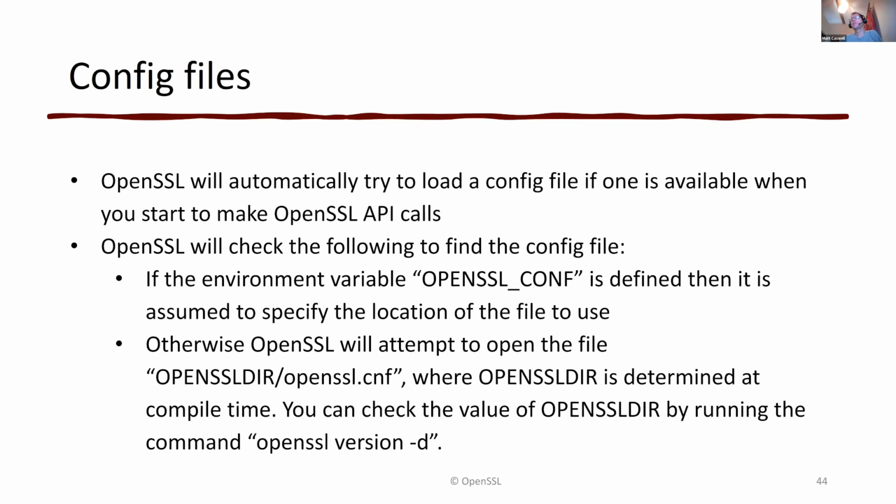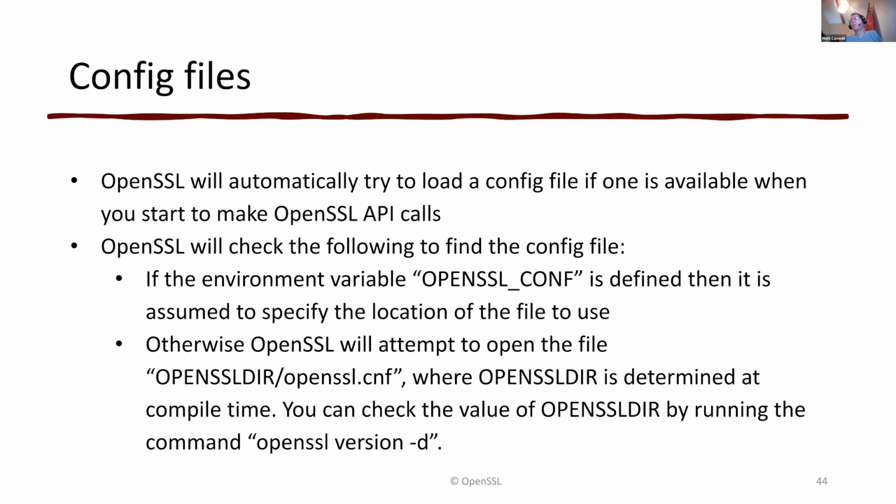And so if that exists, it will load it and it will use it. Failing that, if the environment variable isn't there, it will fall back to a compiled in default location. So it will try and load a file called openssl.cnf, and that will be in a directory called OPENSSLDIR, which is a value determined at compile time.